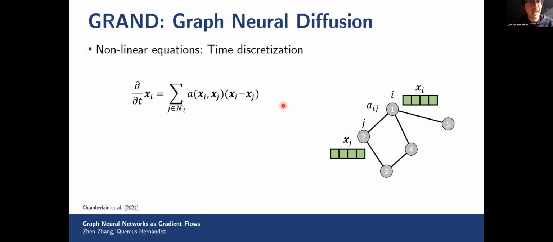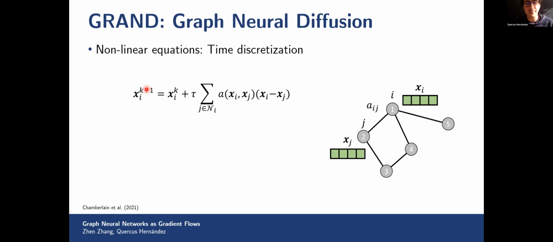Because it's nonlinear, we have to discretize in time. The first approach is a forward Euler scheme, a first order finite difference scheme. However, they claim that you can use not only explicit but also implicit solvers, or higher order solvers. But for the sake of simplicity, I'm just sticking to the forward Euler scheme. So this is the final equation.